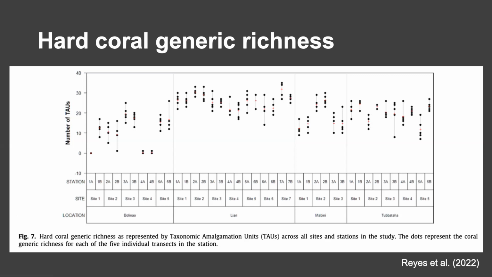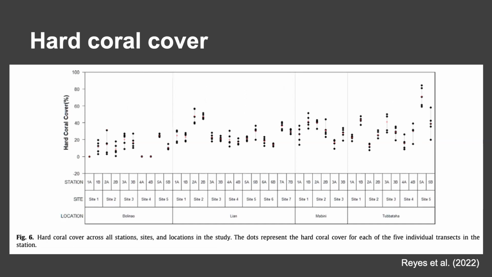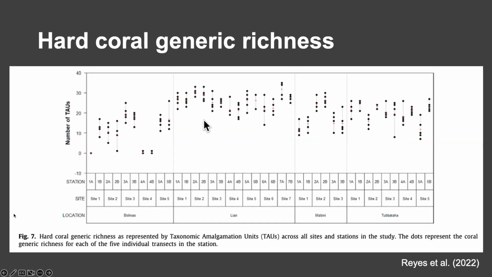Okay, which emphasizes na if you just look at cover, you will ignore Lian because the cover is not spectacular, except for some places. Okay, but unlike yung sa Tubataha, notice site 2 in Lian, taas ng cover, and the diversity remains high.